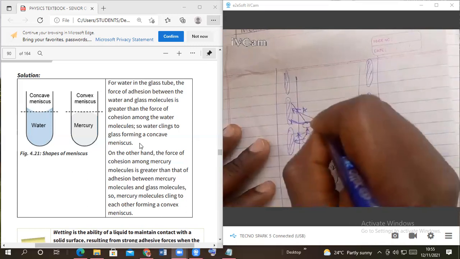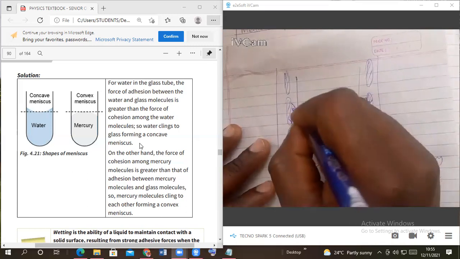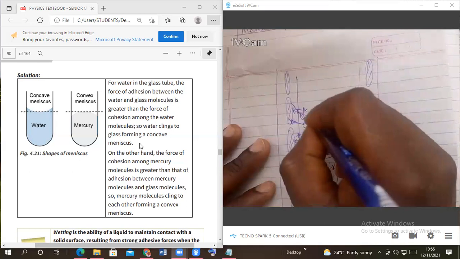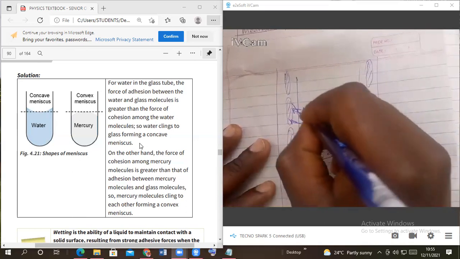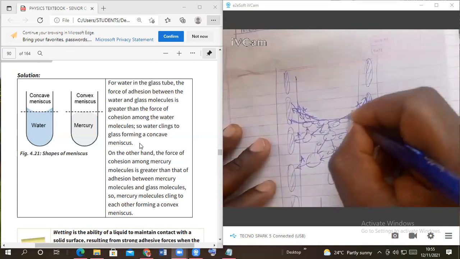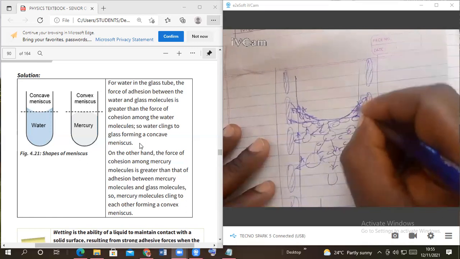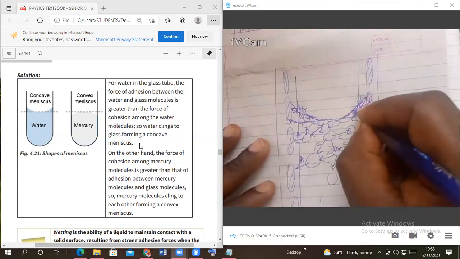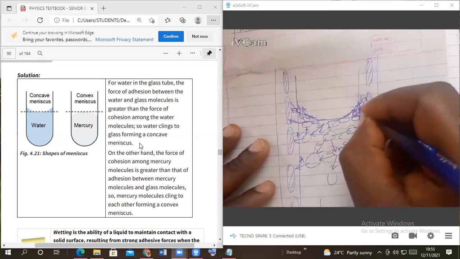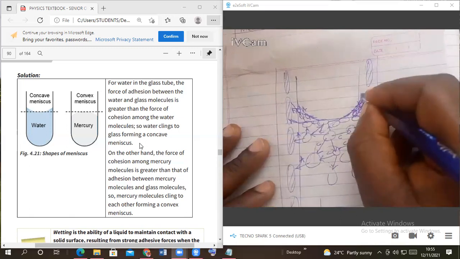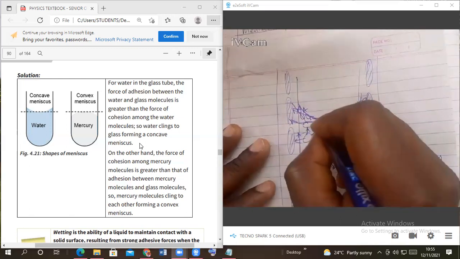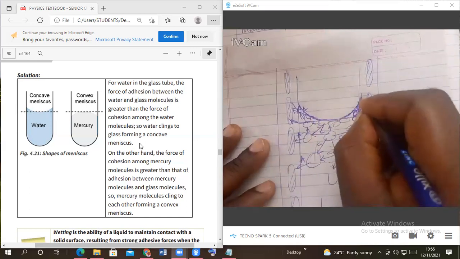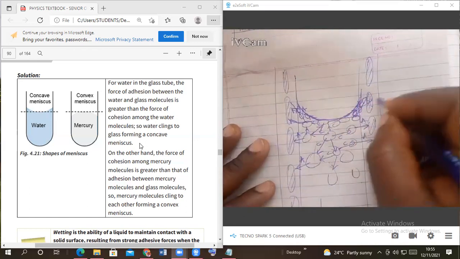They start moving, shifting from this point to this point. They keep on shifting like that because they are attracted towards the surface. So as they cling on the surface of the glass, they form what we call a concave meniscus.